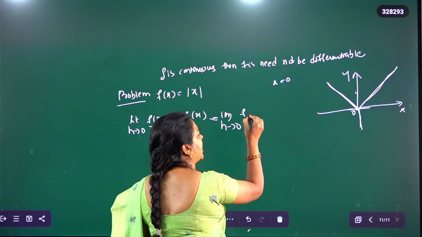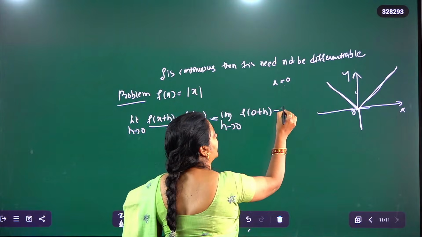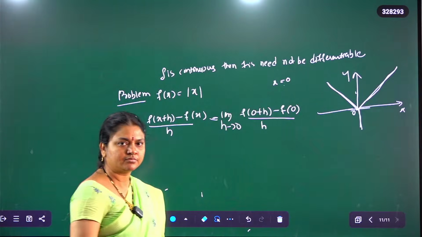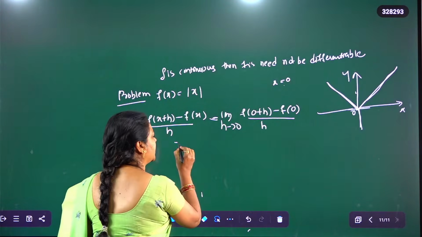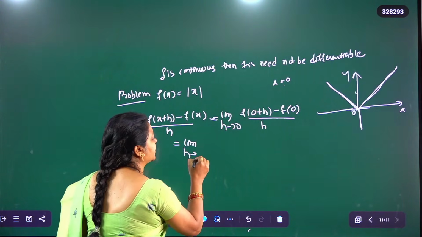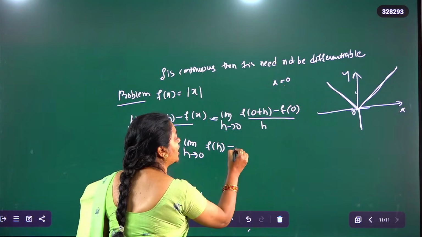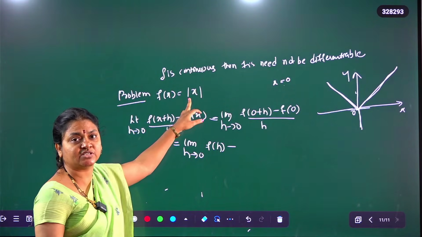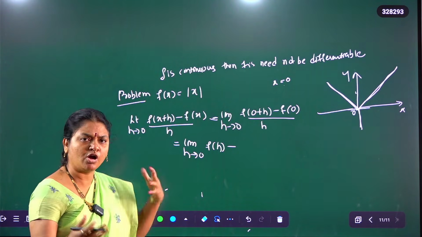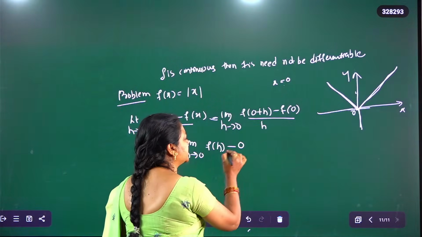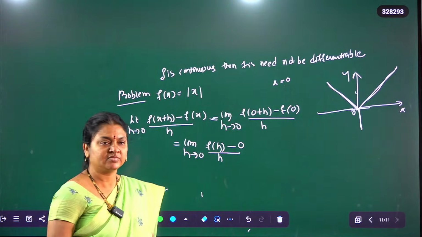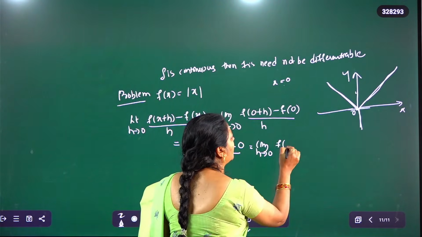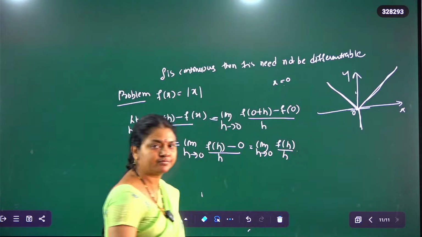By substituting that, we will get limit h tends to 0, f of 0 plus h minus f of 0 by h. So 0 plus h means h only, that is limit h tends to 0, f of h minus f of 0, because our function is mod function. F of 0 equals mod 0. Mod 0 value automatically will become 0, by h. Right? What we are getting in last? Limit h tends to 0, f of h by h.